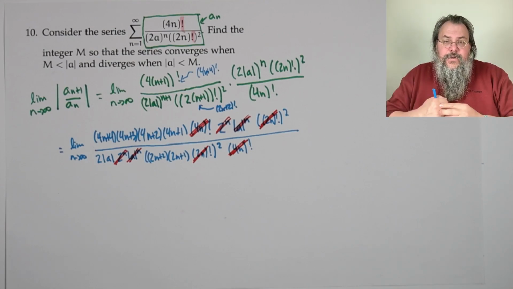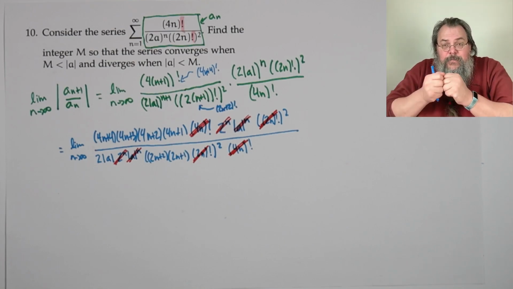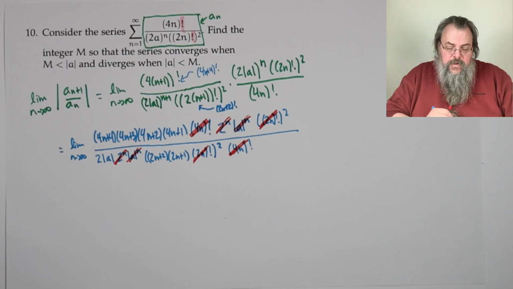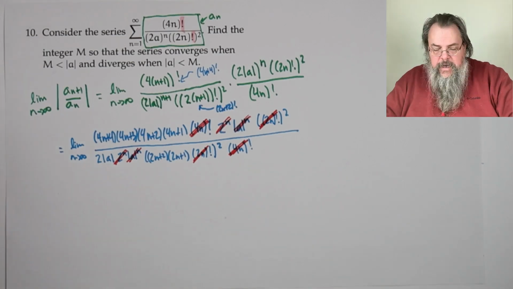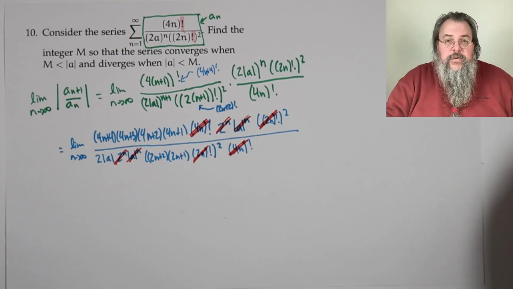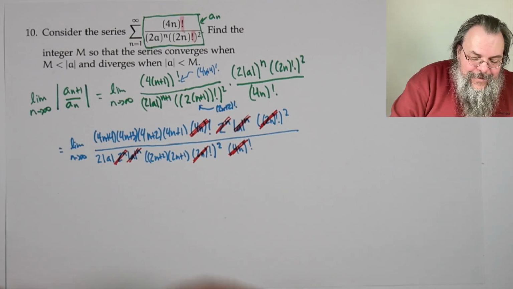What we can do is pull out the n to the 4th, pulling it out of the individual terms. If we do that, what do we have? I'm going to swap colors because I have this impulsive urge to swap colors a lot.